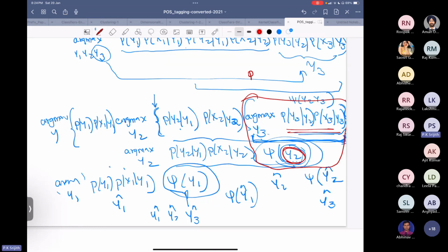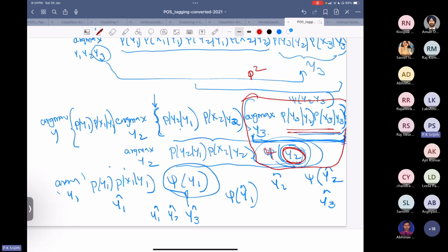So there are p operations involved in finding an argmax over y3 for each value of y2, and y2 takes p different values. So to compute this psi of y2, I need to perform p square operations.